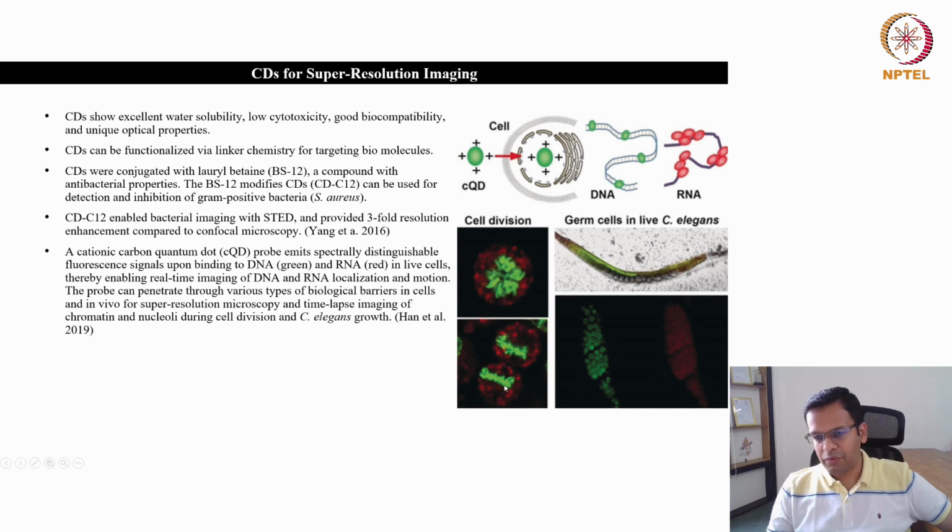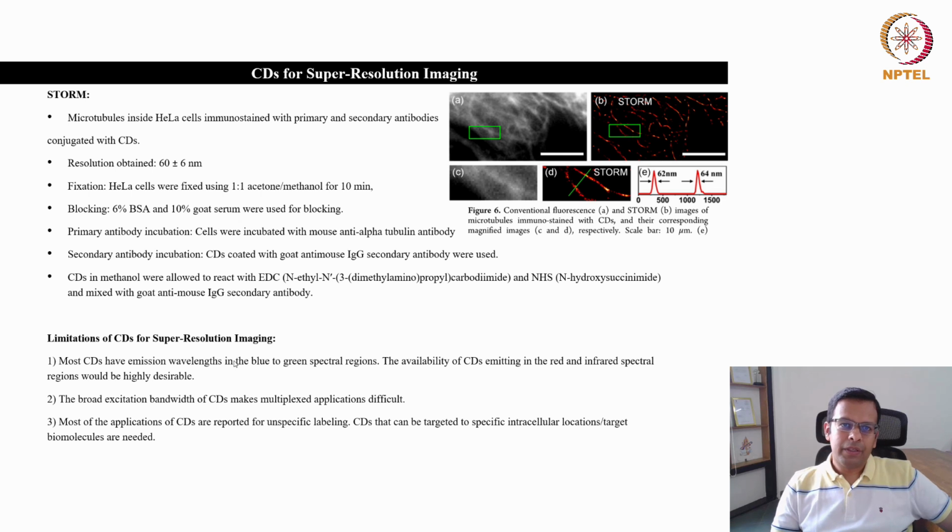During cell division, where the DNA and chromosomes are, you can see they are stained in green color, whereas the RNA molecules are stained in red color. So this kind of differential staining is also possible with the use of carbon dots.